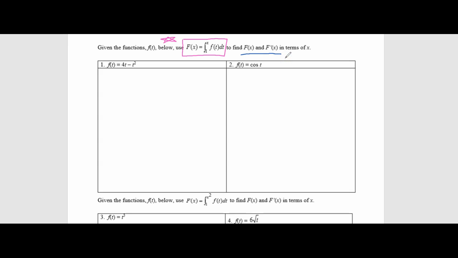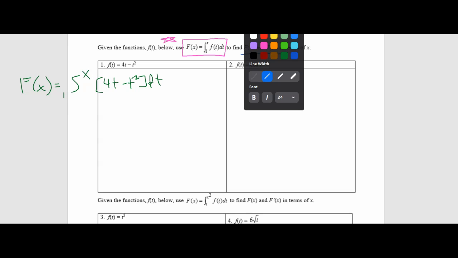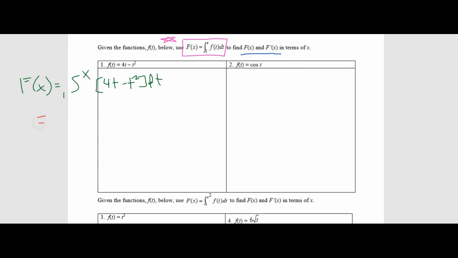Okay, so for the first one, we're going to have capital F of x is equal to the integral from 1 to x of f of t dt. So I'm going to have 4t minus t squared, dt. And we should be able to do this, no calculator. So I'm going to have to take the antiderivative here, which means I'll just have the straight bar.